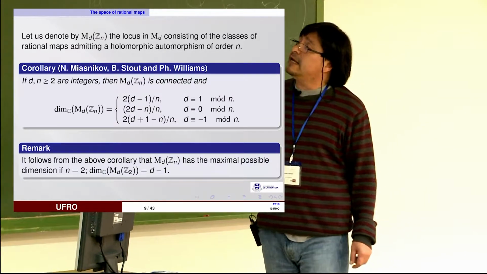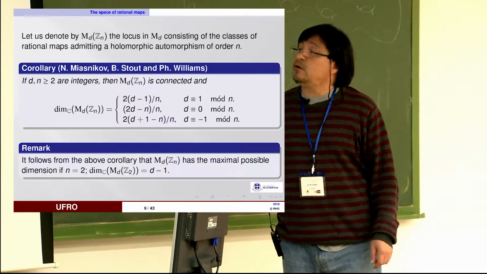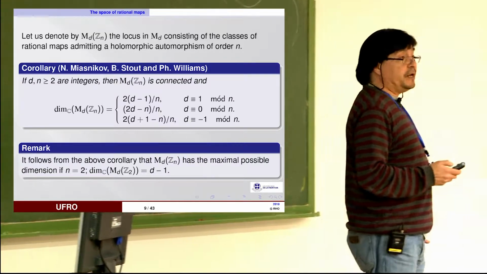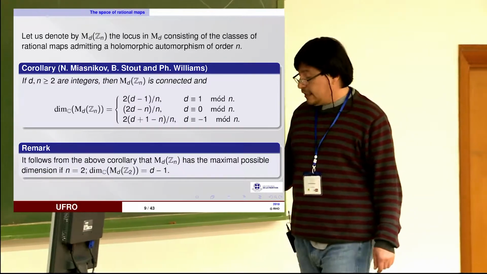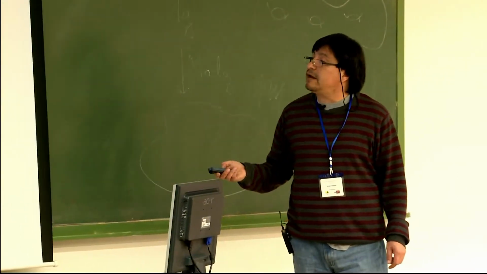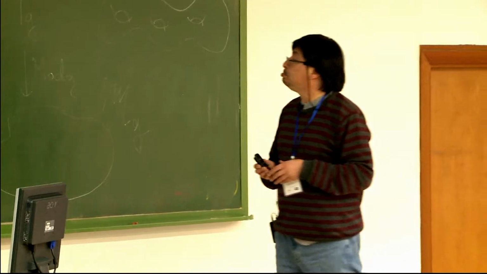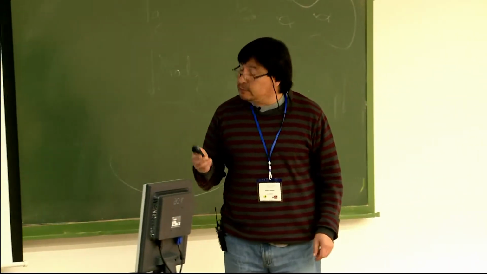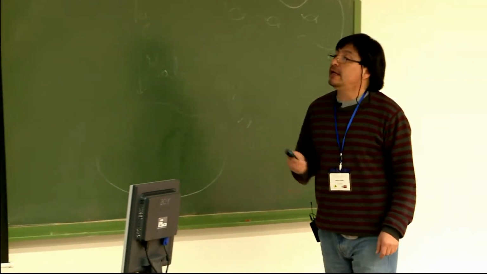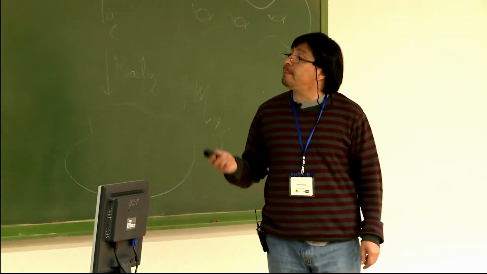But observe that the case n equal 2 happens in each degree, and this is exactly when they have the maximum dimension stratum. Okay? This will be a main point later.